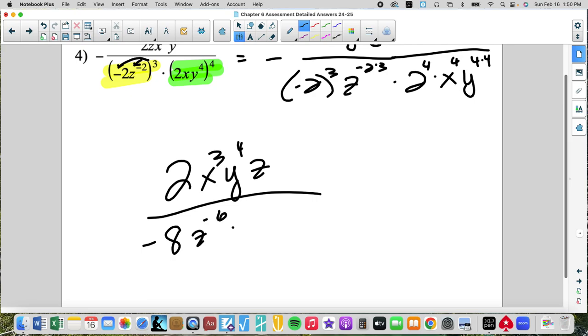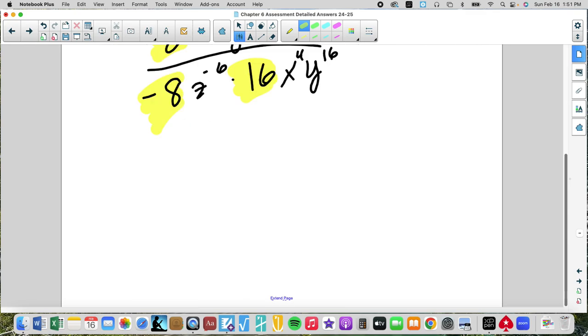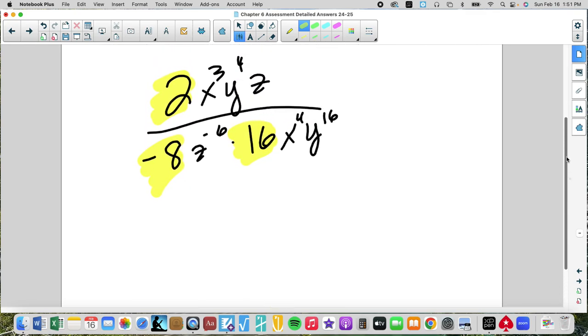And then we have 2 to the 4th, which is 16, x to the 4th, and then we have y to the 16th. Okay. Now, I'm going to cancel. I have my coefficients. I have 2 over negative 8 times 16. That 2 does not cancel both of those denominators. That's a common mistake students will make. They will cancel the 2 with the negative 8 and the 2 with the 16.